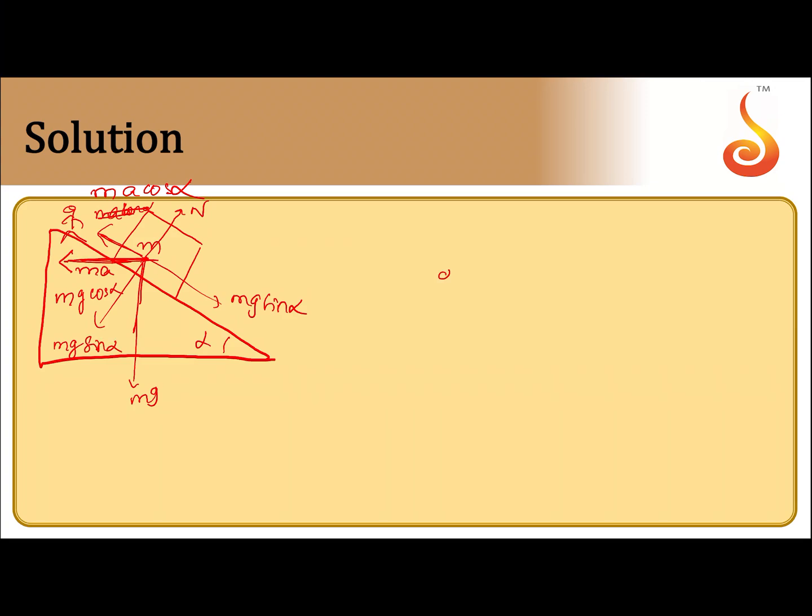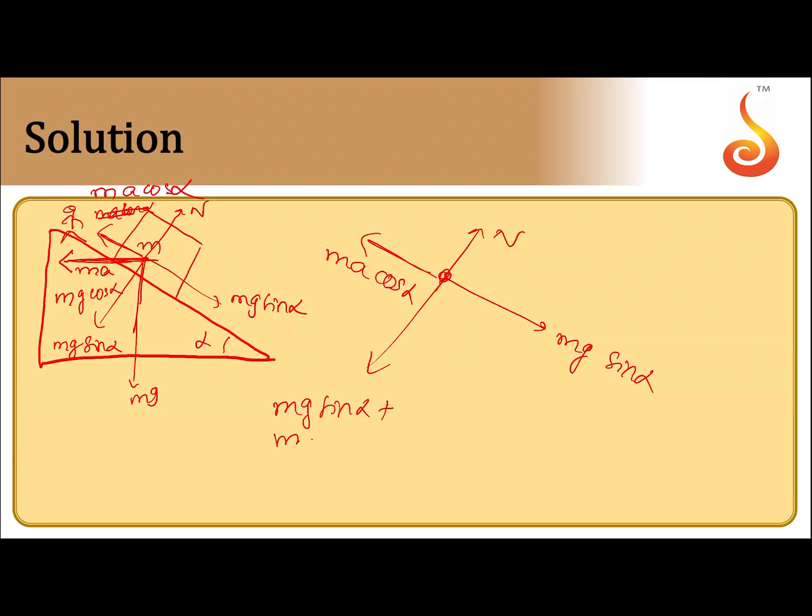So if I consider this, this has mg sin alpha and ma cos alpha. And what are all the forces along these two directions? N is present along this direction, and I have mg cos alpha plus ma sin alpha.